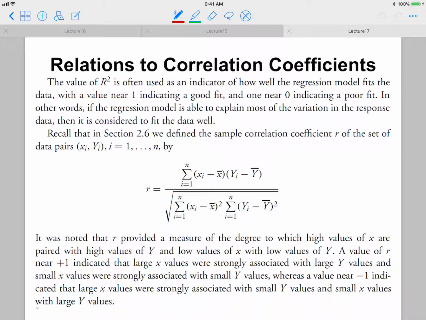In terms of the relation to the correlation coefficient, our correlation coefficient R was represented in this manner, right?